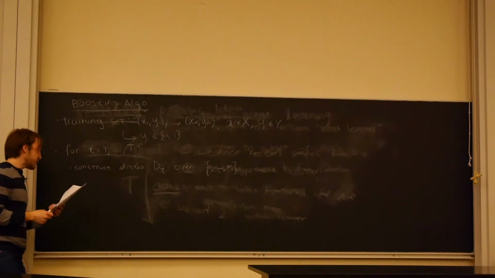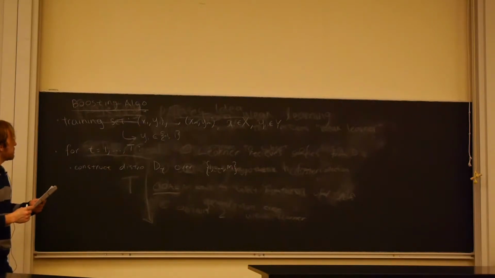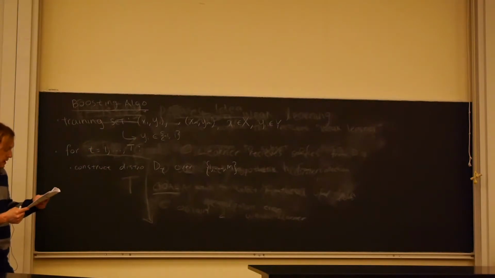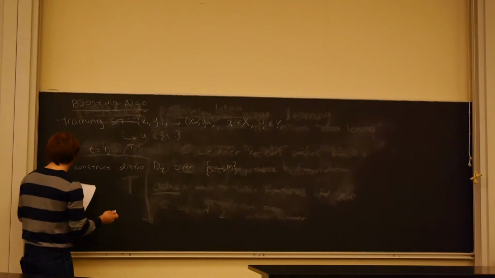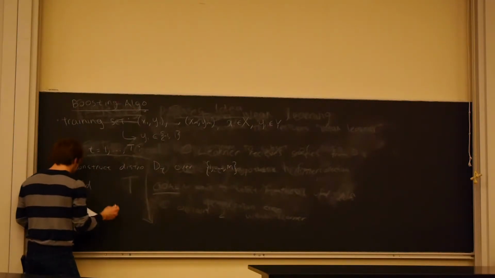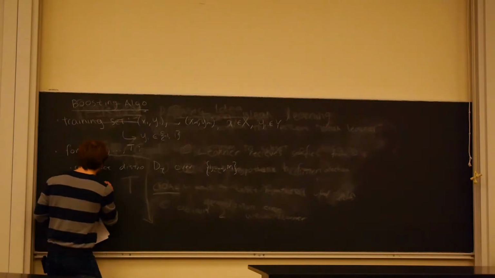And second of all, you find a weak classifier, which maps from capital X over to -1, 1, with a small error, epsilon t, which we'll define now. So you find your weak learner.